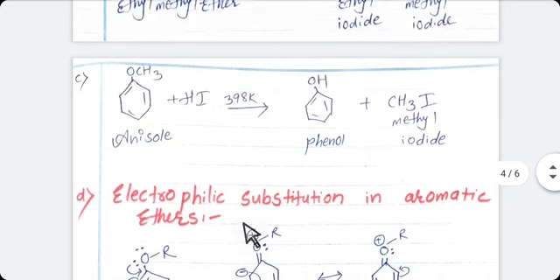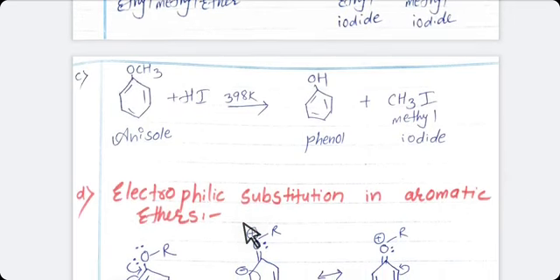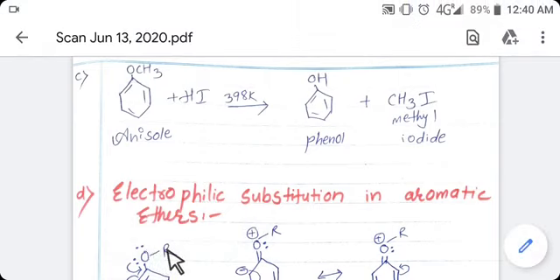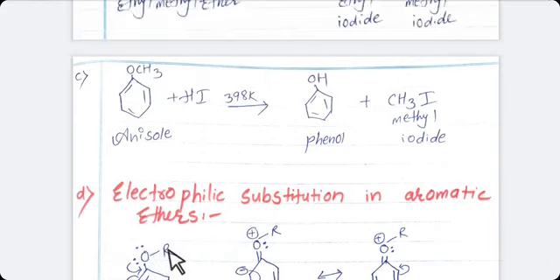The next reaction is electrophilic substitution in aromatic ether. Students, always remember the alkoxy group in aromatic ring, means OR group in aromatic ring, is an activating and ortho and para directing group towards electrophilic aromatic substitution.